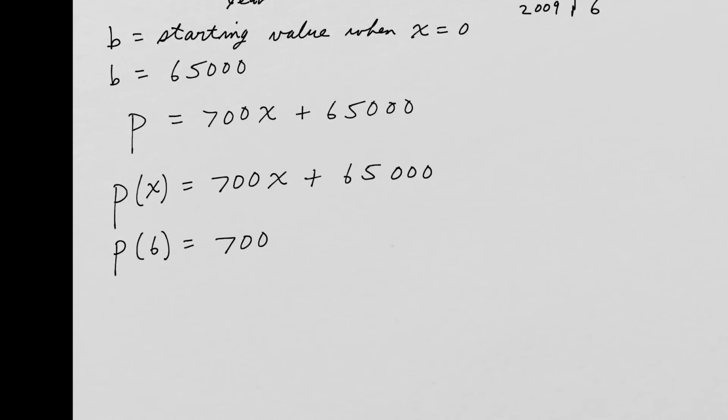So where I have an X, I'm going to plug in a 6. So, and if you work this out, right, 700 times 6 is 4,200 plus 65,000 is going to be 69,200. And really it has units, right, of people. It's a population.